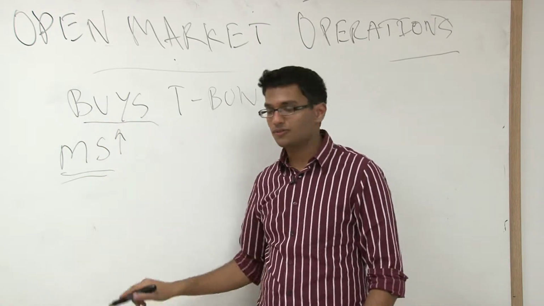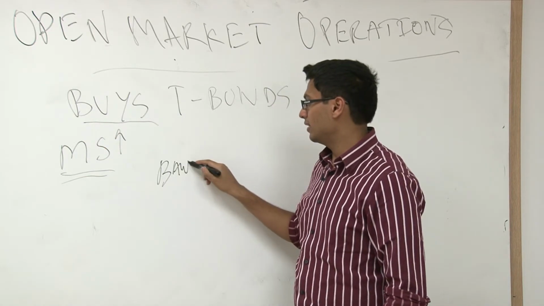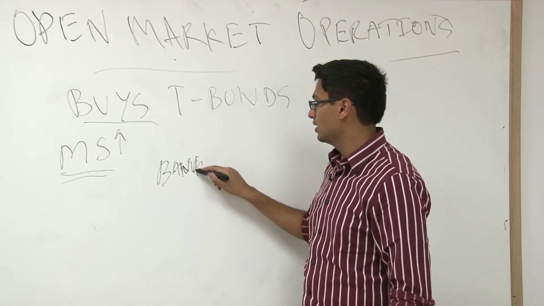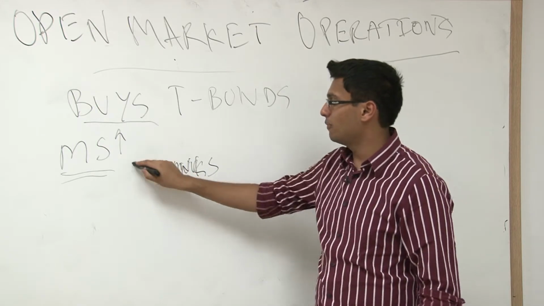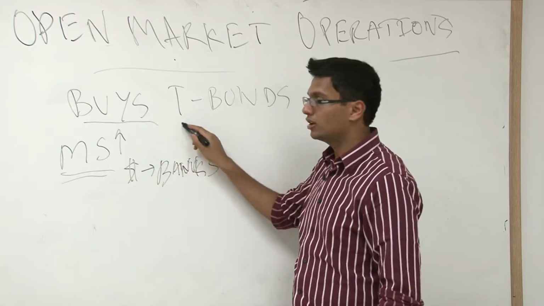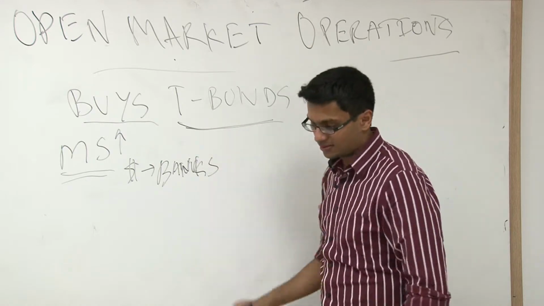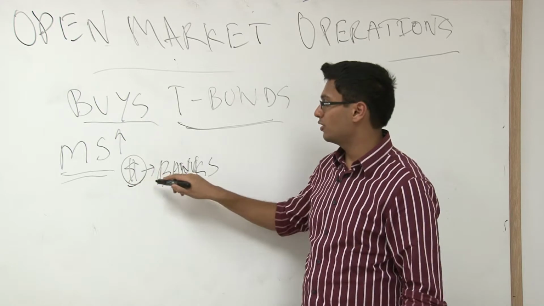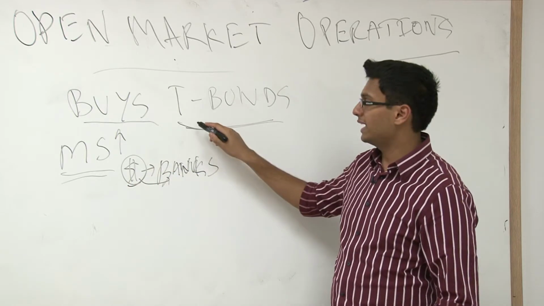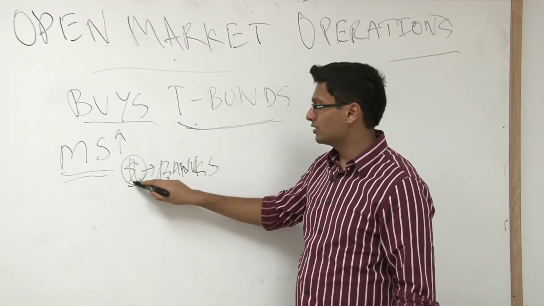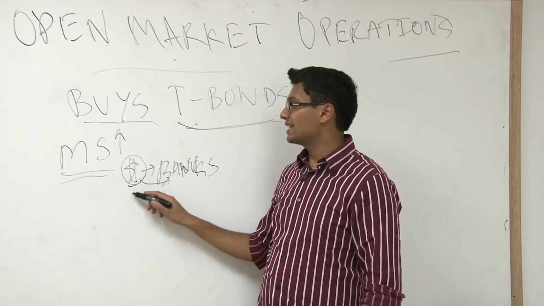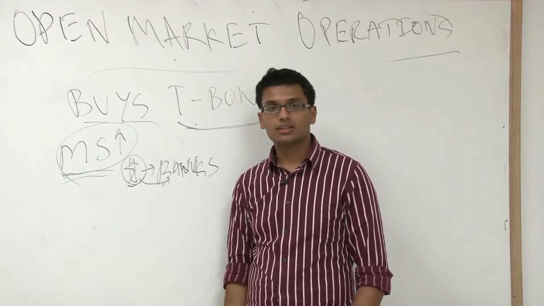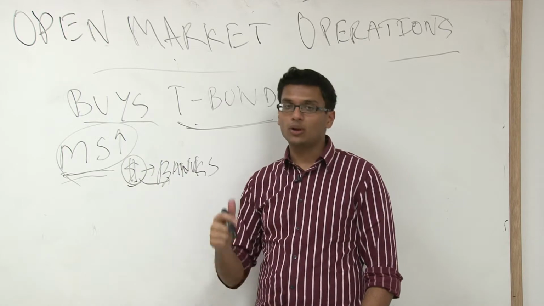If they buy bonds from banks, they give a huge chunk of money to banks, and in return, they get Treasury bonds. That money goes into the money market, and that's how your money supply increases. So when you buy bonds, money supply goes up.